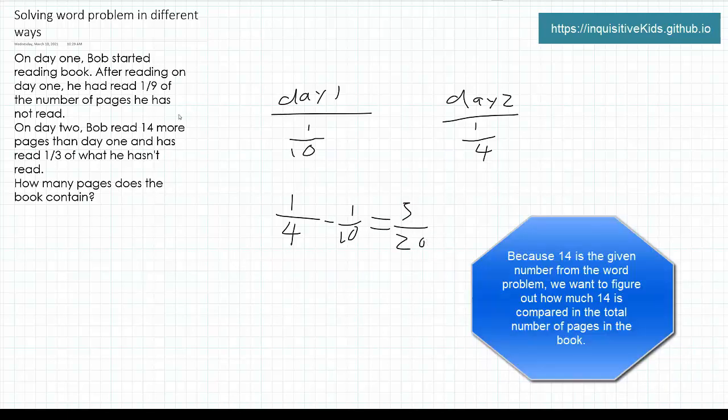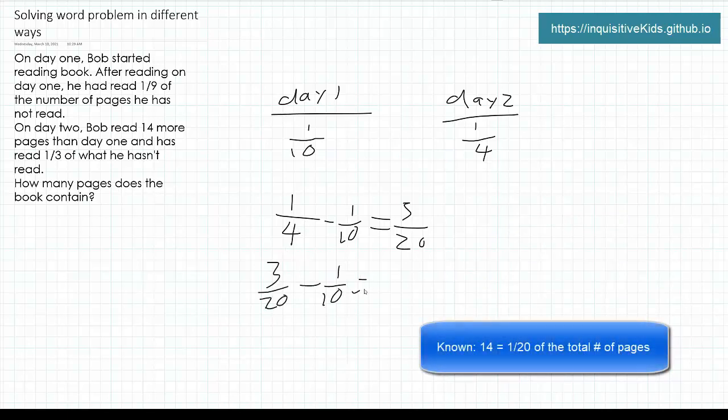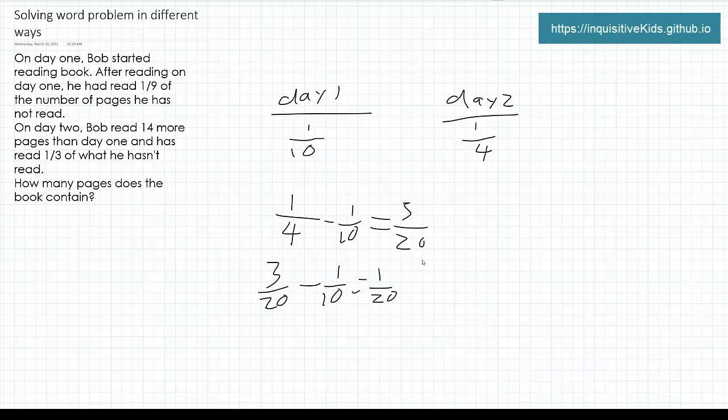And to find out how much 14 is, we minus 1/10 from 3/20, which is 1/20. So we know that 14 is 1/20, and 14 divided by 1/20 equals 280.